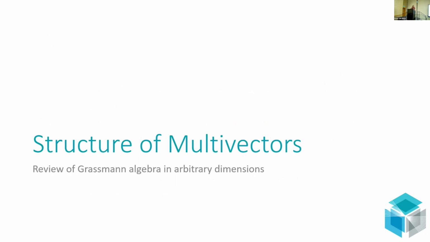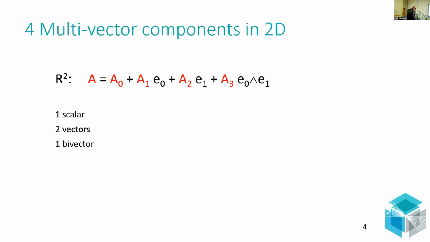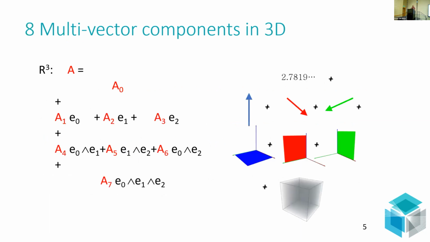So first, a little bit of a review of the structure of multivectors, basically the Grassmann algebra in arbitrary dimensions. In 2D, a multivector has 4 components: 1 scalar, 2 vectors, 1 bivector. In 3D, the components are a scalar, 3 directions, 3 bivectors or planes, and 1 volume element.